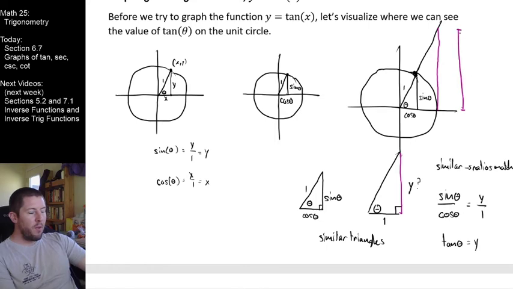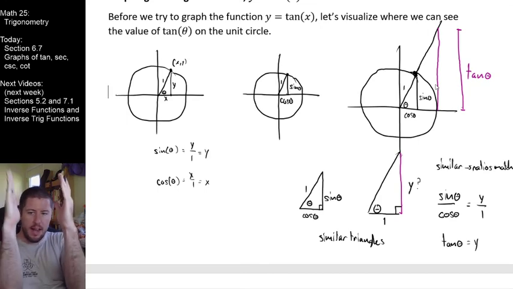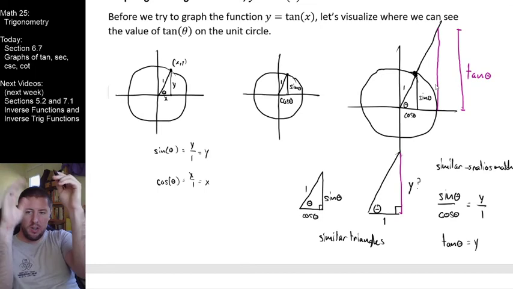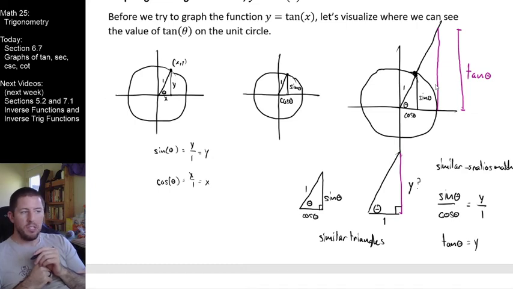When you evaluate tan theta, what we're seeing is exactly this height, if you were to extend your angle through the unit circle, wherever it intersects this vertical line at the edge of the circle. So there's a vertical line at x equals 1 and a vertical line at x equals -1. Wherever our ray intersects that line, the height from the x-axis to that intersection point is exactly the length of tangent.